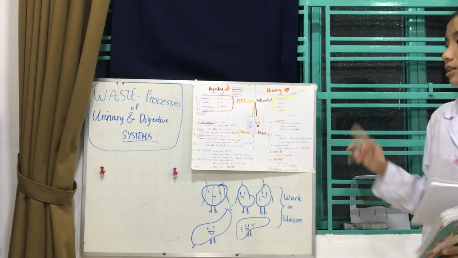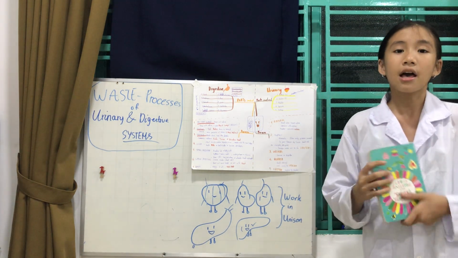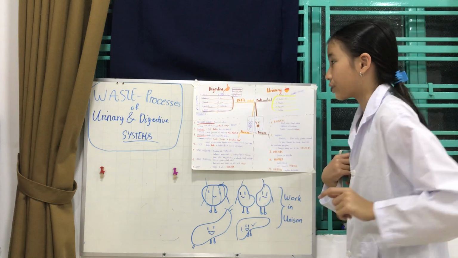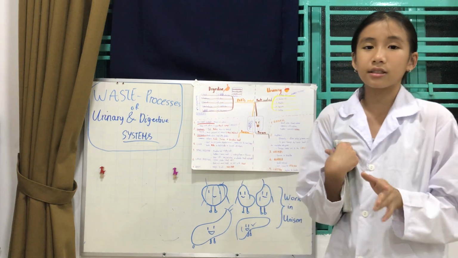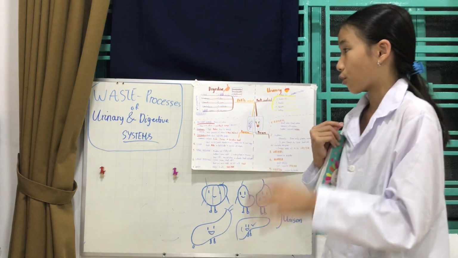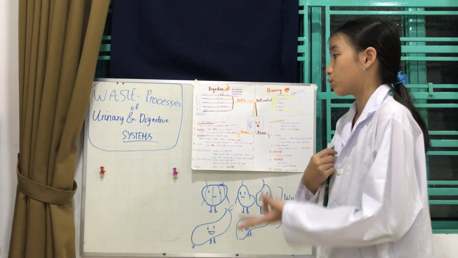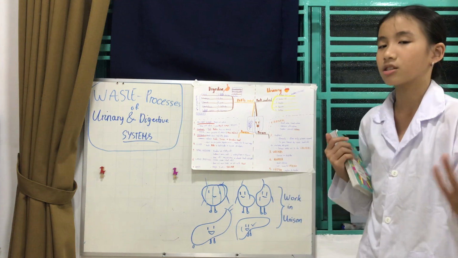Now let's jump into the final part, the conclusion. Let's have a summary of the digestive and urinary systems. The digestive system has several parts, for example, the mouth, the esophagus, the stomach, the duodenum, small intestines, large intestines, you name it.